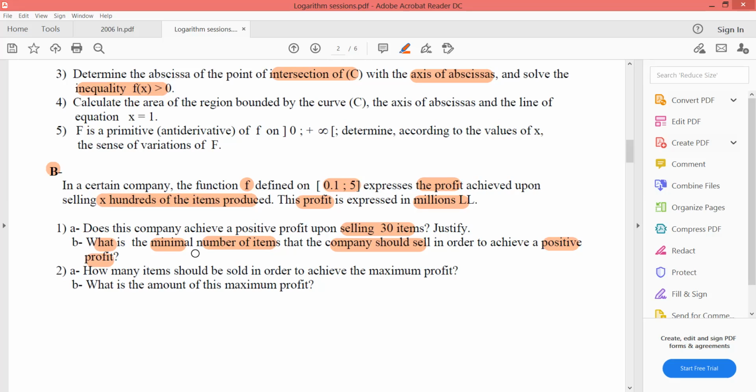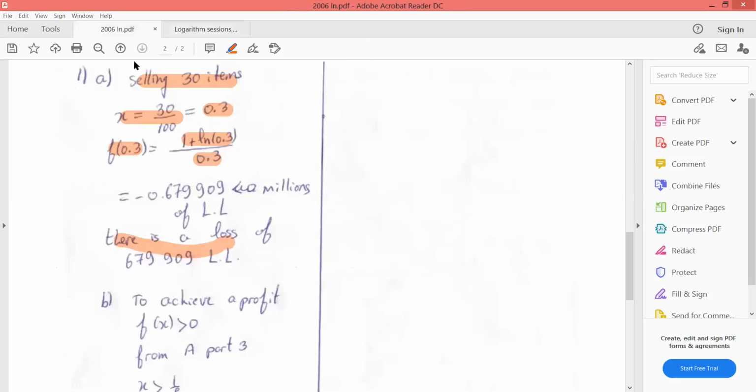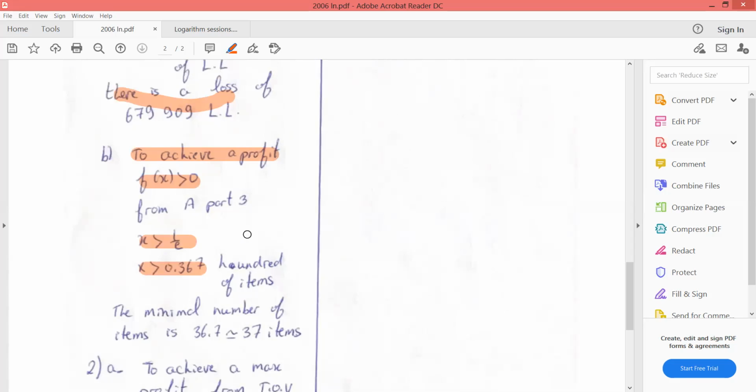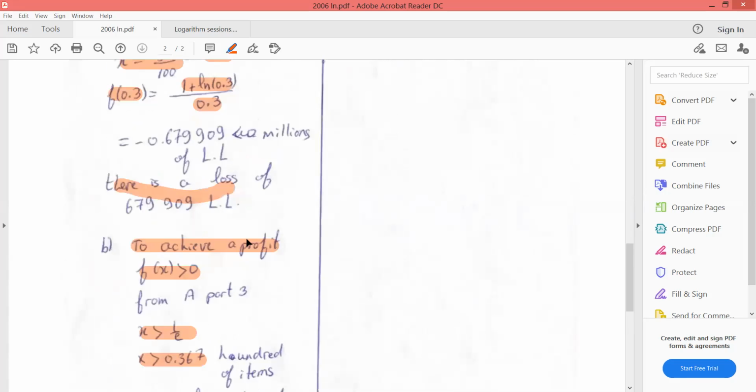We already solved f(x) greater than 0 in part A: x greater than 1 over e. To achieve a profit, f(x) greater than 0 means x greater than 0.367 hundreds of units. What is the minimal value therefore?